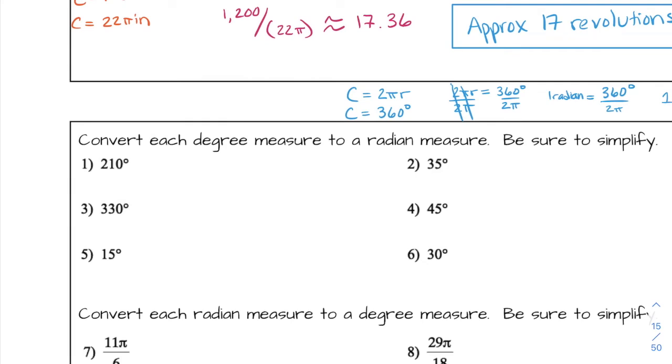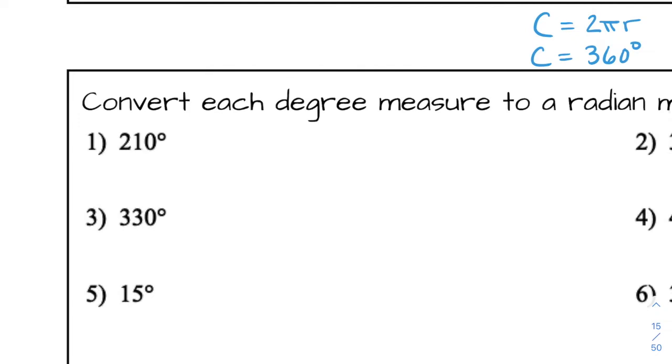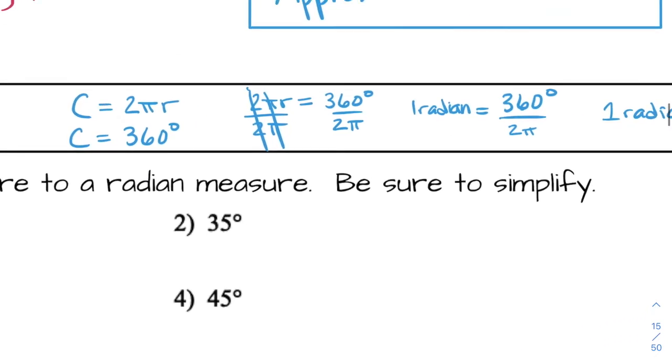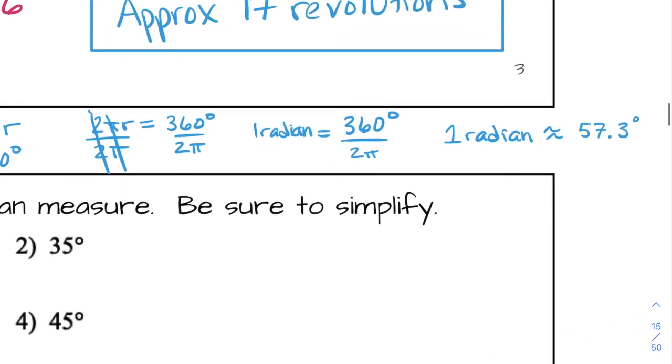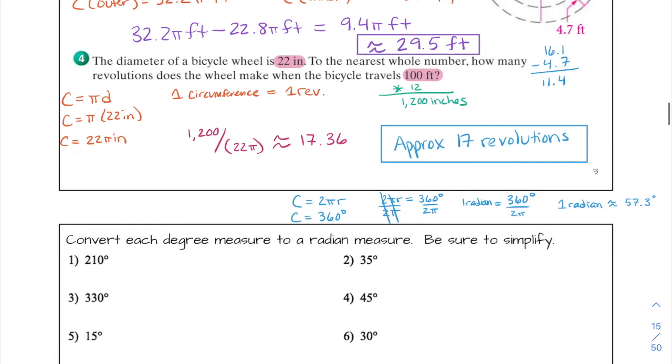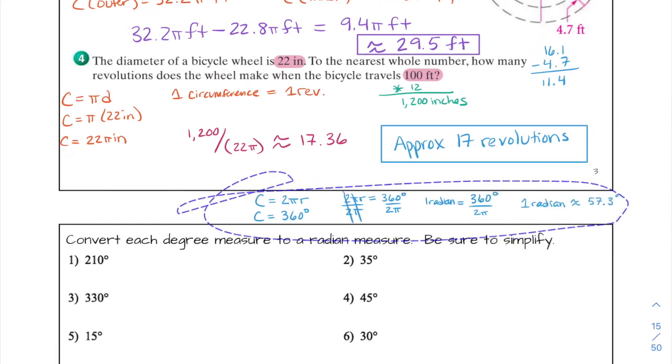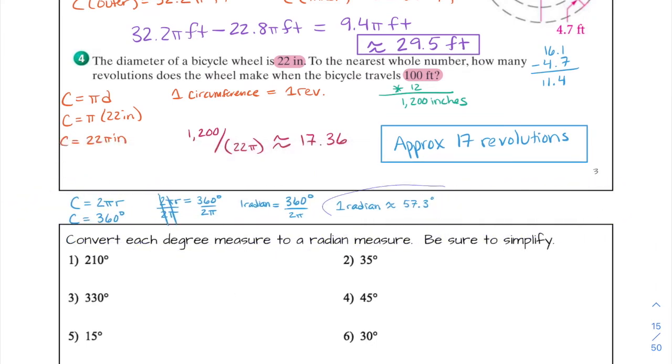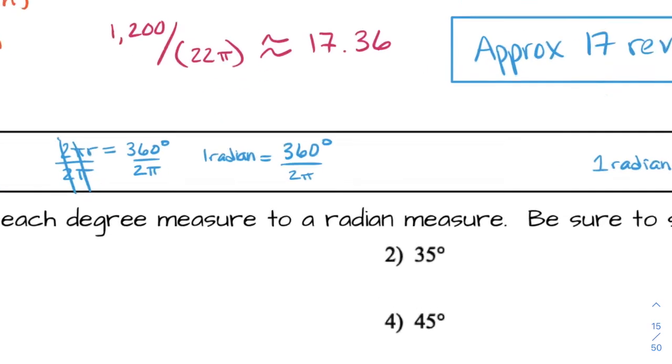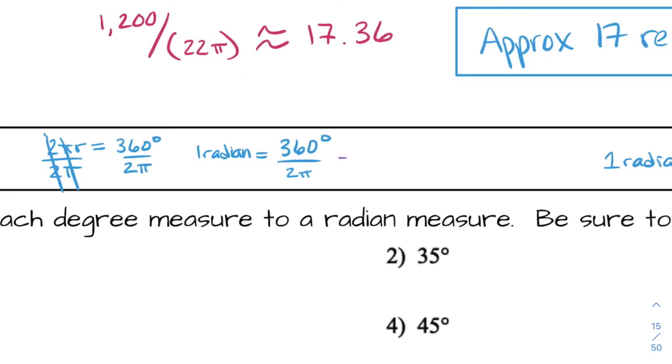So here's what you're going to want to do. To convert a degree measure to a radian measure, there's one of two things. Let me simplify it to be 180 over pi.